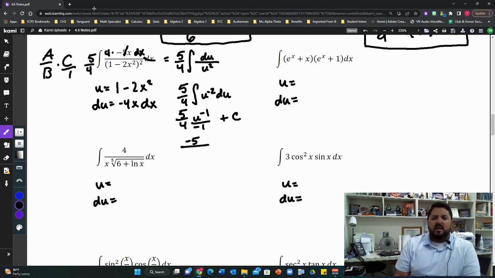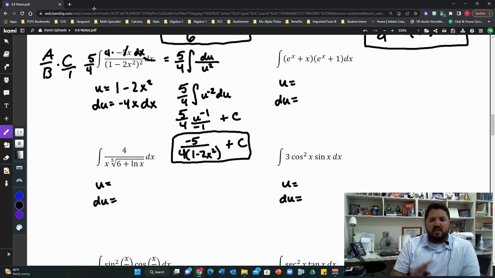But then u to the negative first, that needs to go down in the bottom. So this is going to become 4 times my u to the first power, or just 1 minus 2x squared, plus c. So we could leave it like that. You really could distribute the 4 inside if you wanted to. Just for the sake of space, I'm going to skip over that. That part's not super crazy.